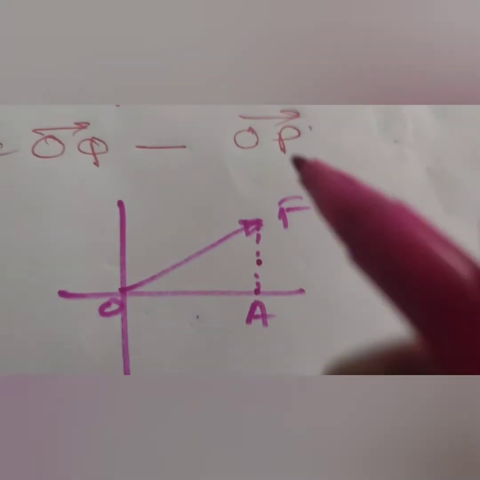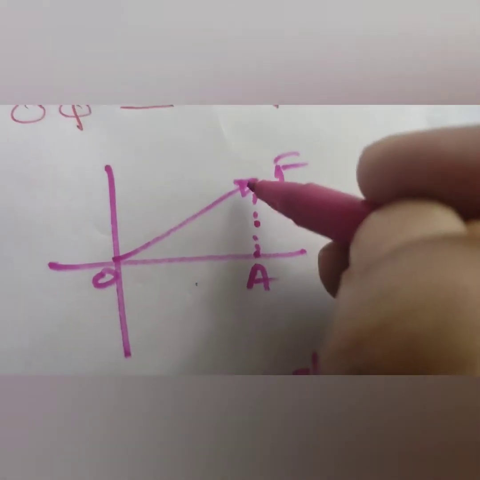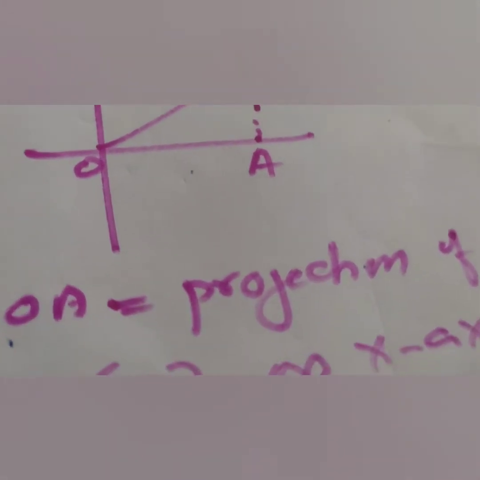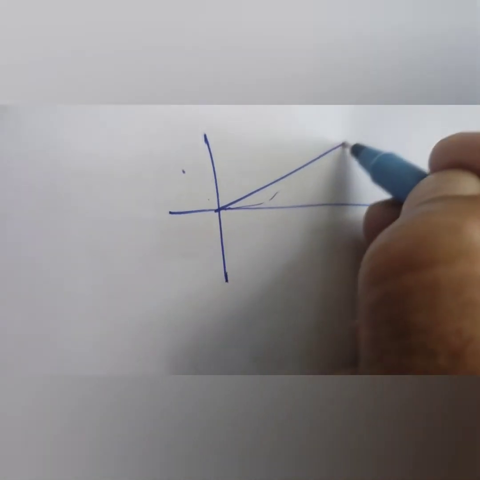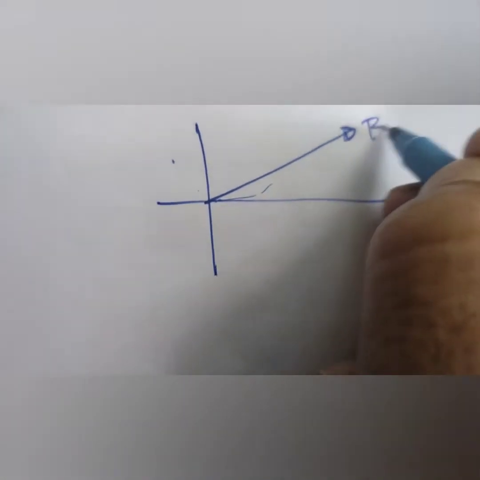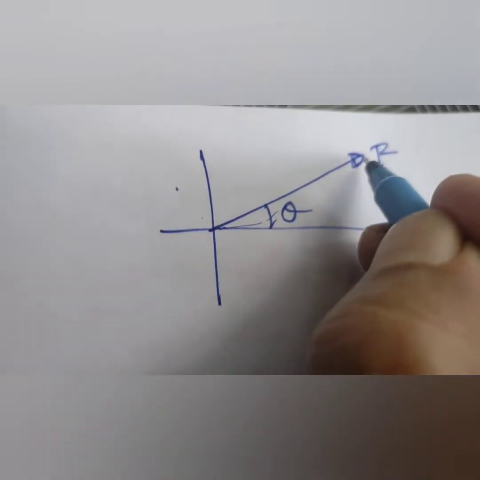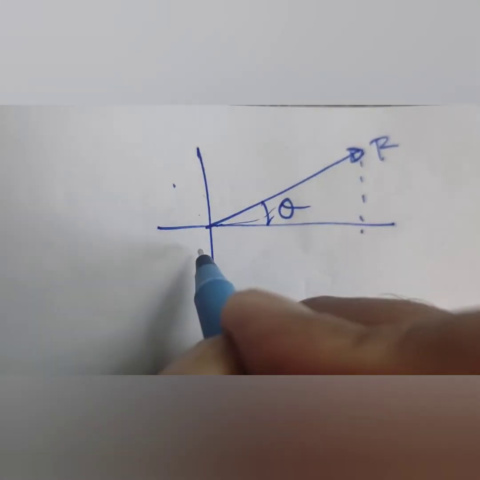Remember, this is a projection of a vector. See now, this is the force acting on the plane at an angle theta, and let this be OA.